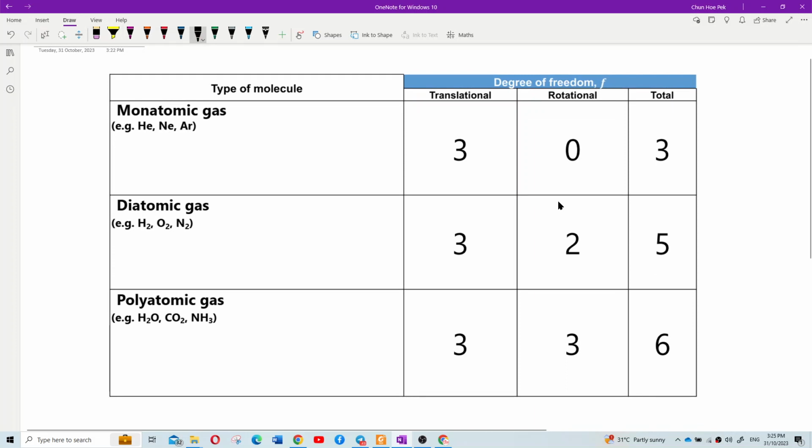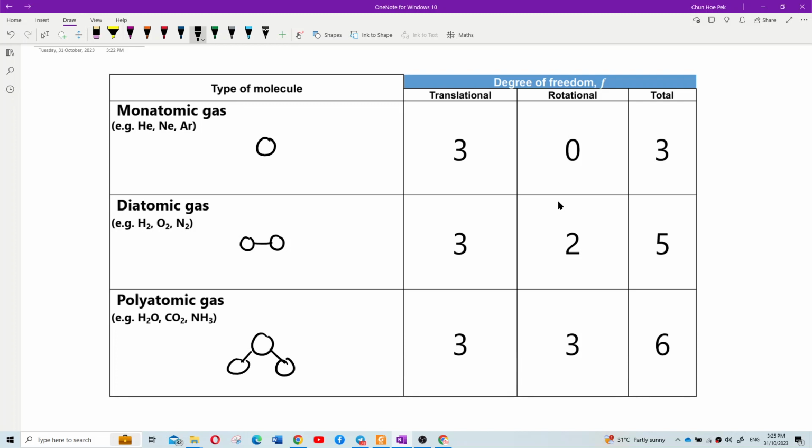Monoatomic is only one particle. Diatomic has two particles. Polyatomic means you have, like H2O, three particles, or carbon dioxide, ammonia.